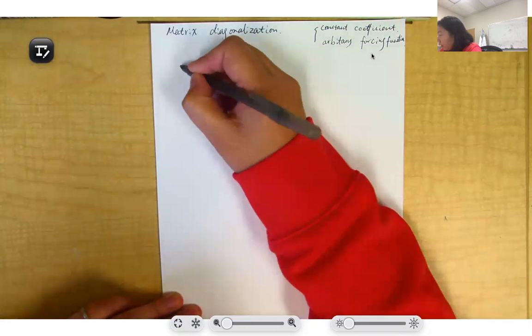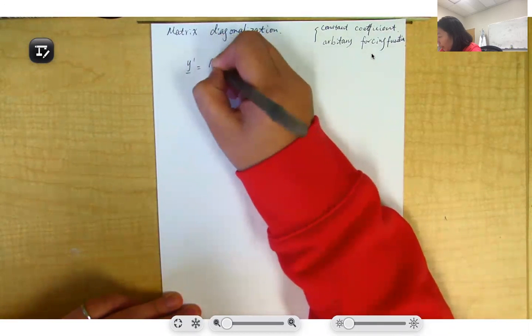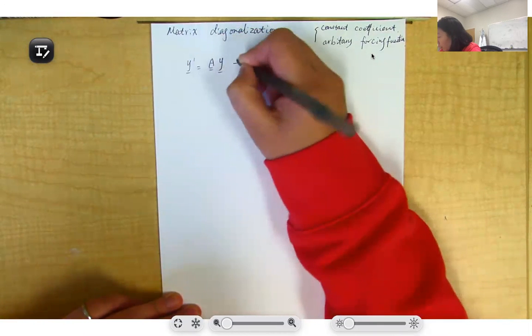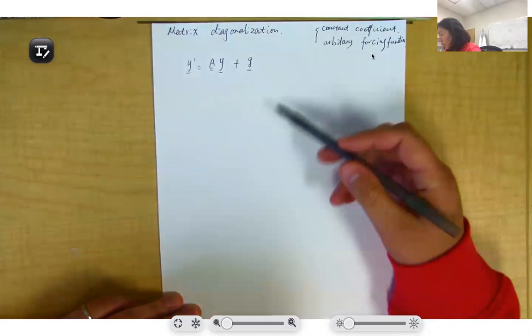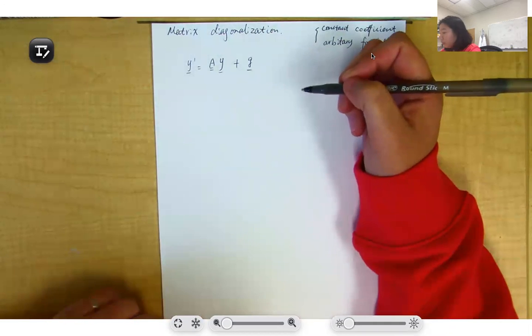So the system you are trying to solve is y prime equals Ay plus g, where g is the forcing function. You can already solve the homogeneous solution without the g part.